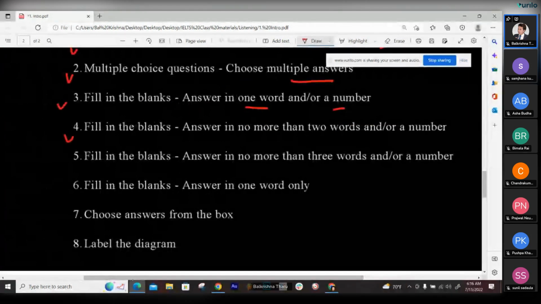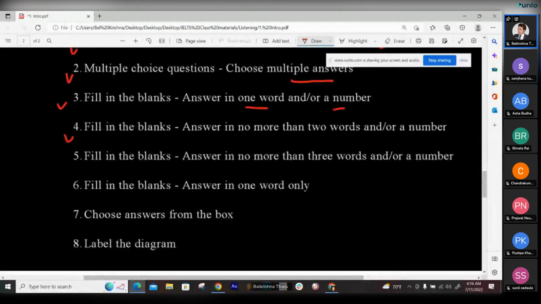Answer in no more than 2 words and or a number. 5. Fill in the blanks. Answer in no more than 3 words and or a number. And 6. Fill in the blanks. Answer in one word only. 7.